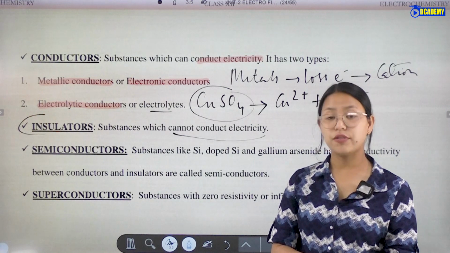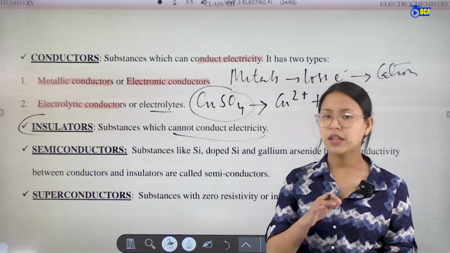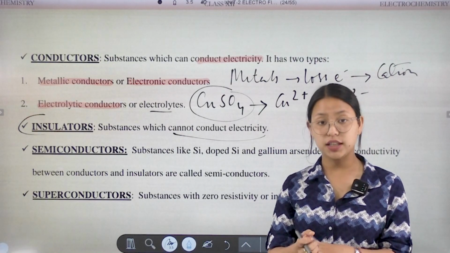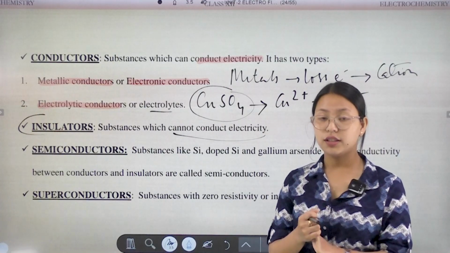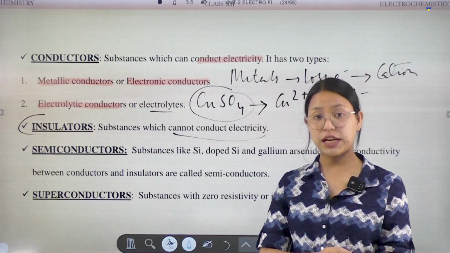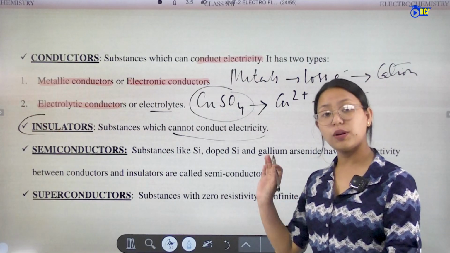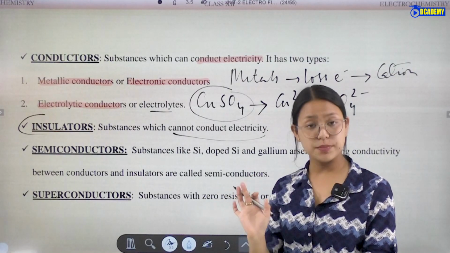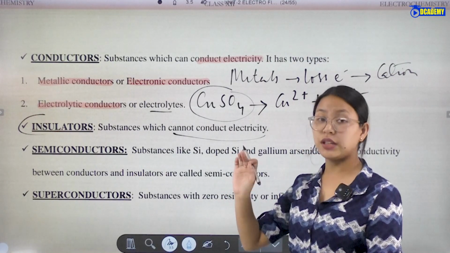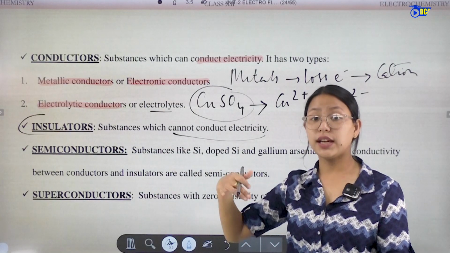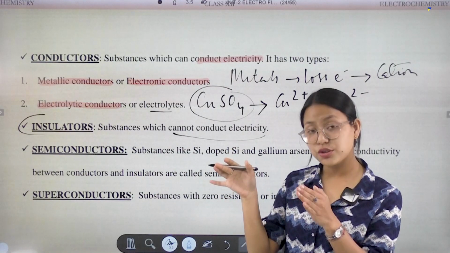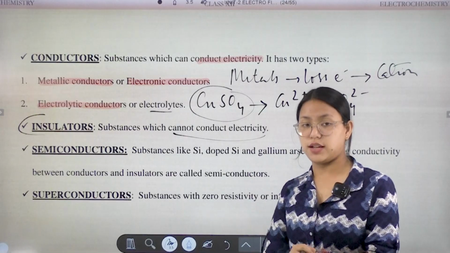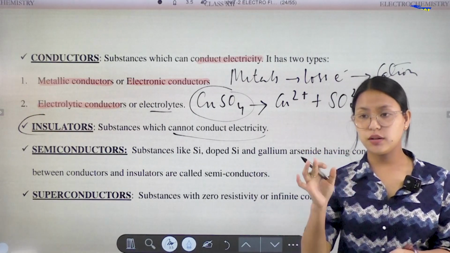And sometimes you might have heard that rubber slippers or rubber footwear are worn, because rubber or plastic is an insulator, so that we can protect or prevent ourselves from getting an electric shock.